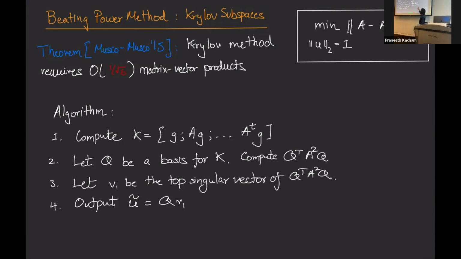Then we just compute the top singular vector of this small t by t matrix and output U tilde to be Q times the top singular vector. The precise nature of this algorithm is not too important. The point is that you can implement this algorithm in the matrix vector product model, and it only uses 1 over root epsilon matrix vector products.